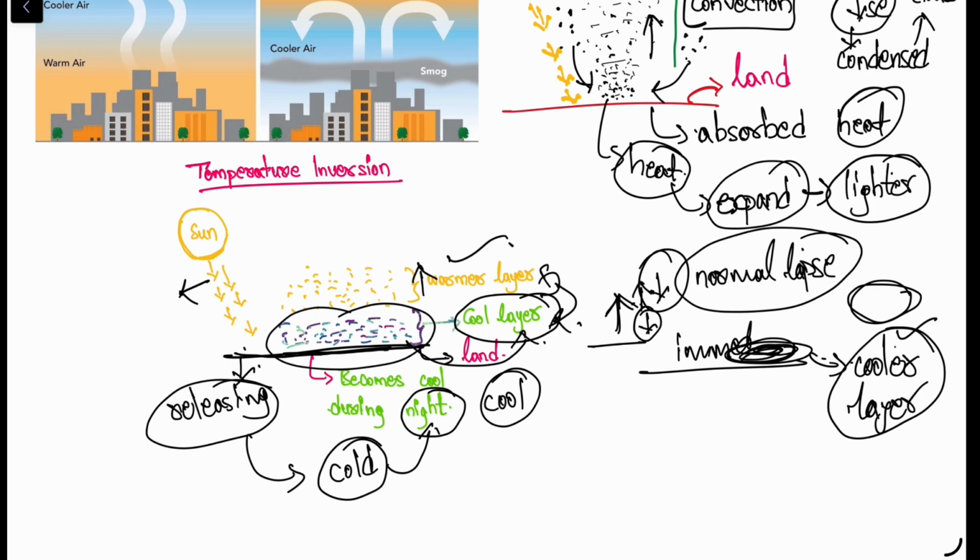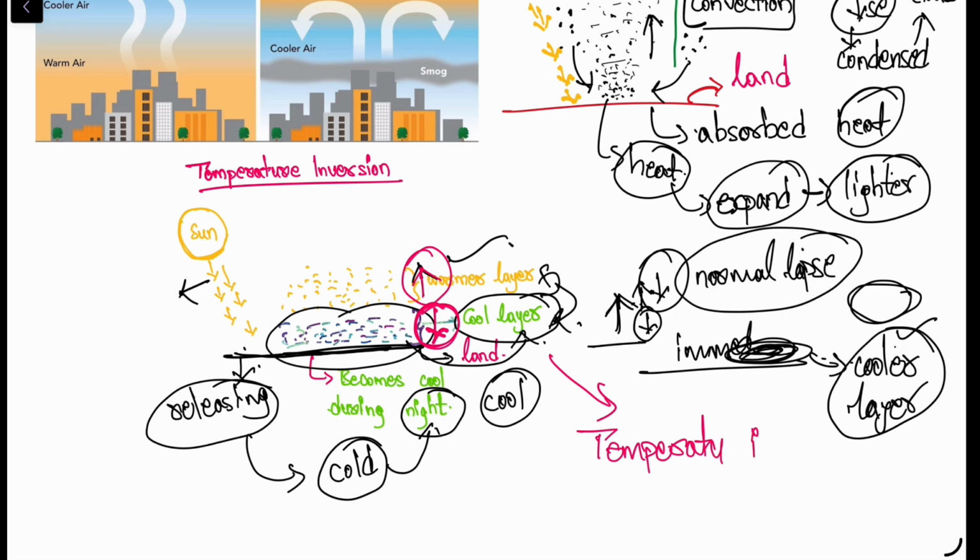See here in the image also, first the temperature is decreased, a cooler layer is present, but after that we see the warmer layer. So the normal lapse rate is failing here. This process is called temperature inversion.